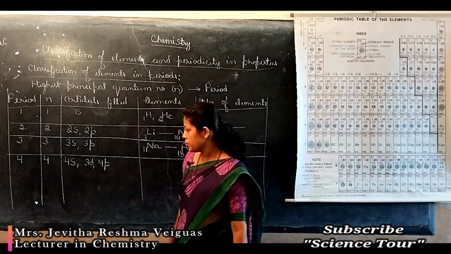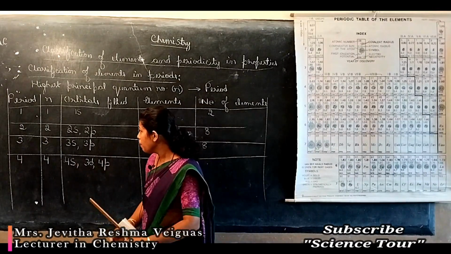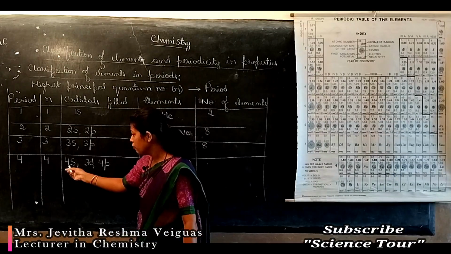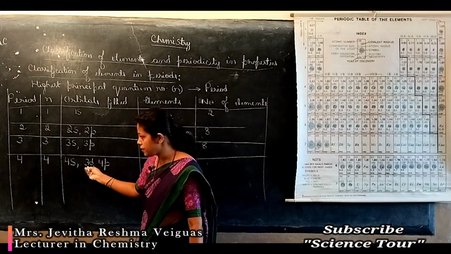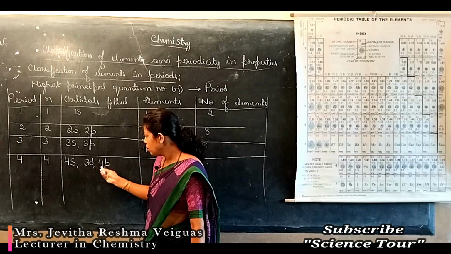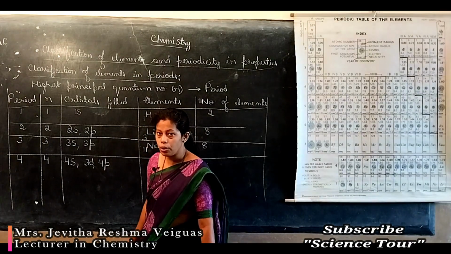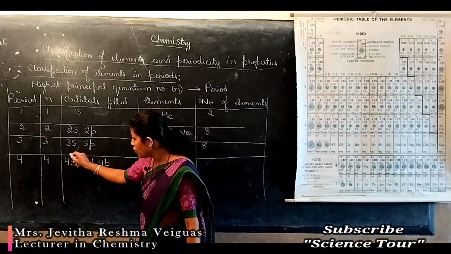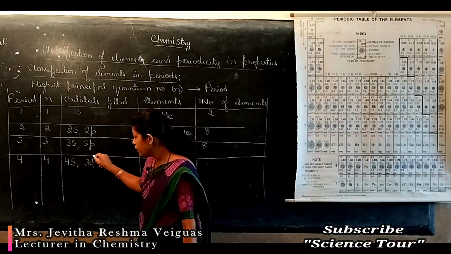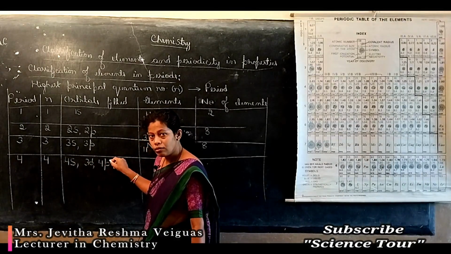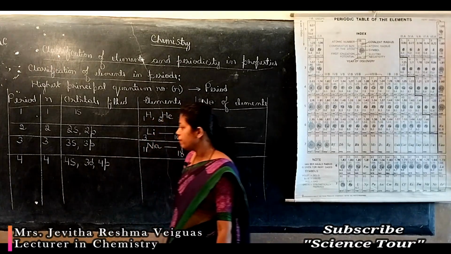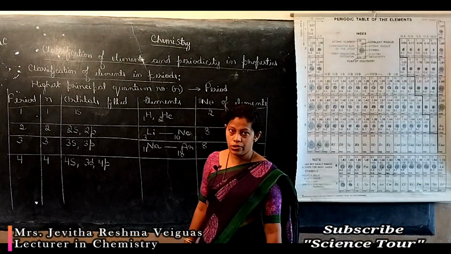So 3 orbitals here. So 4s is 1 orbital, 3d is 5 orbitals, and 4p is 3 orbitals. Totally we have 9 orbitals.